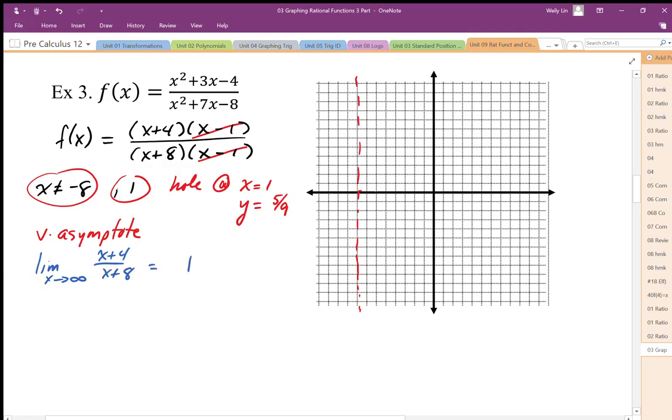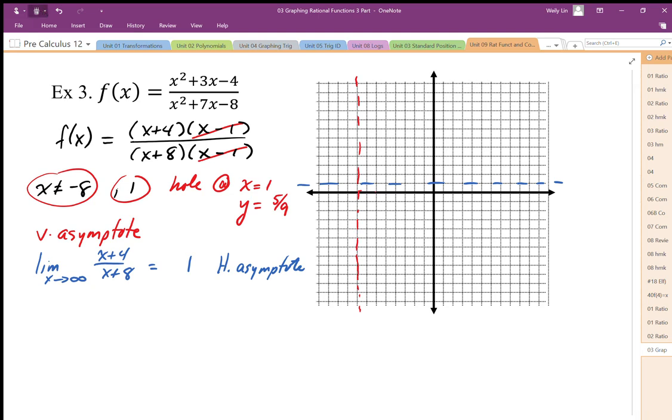That's equal to 1. So I'm going to draw in my y equals 1 horizontal asymptote. I get my horizontal asymptote from my limit.